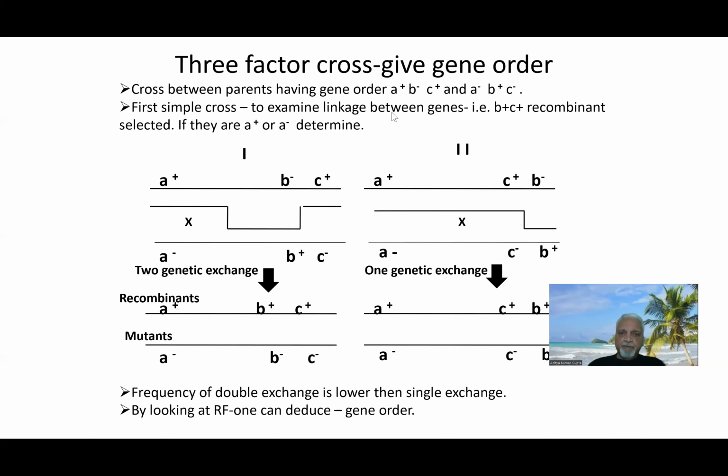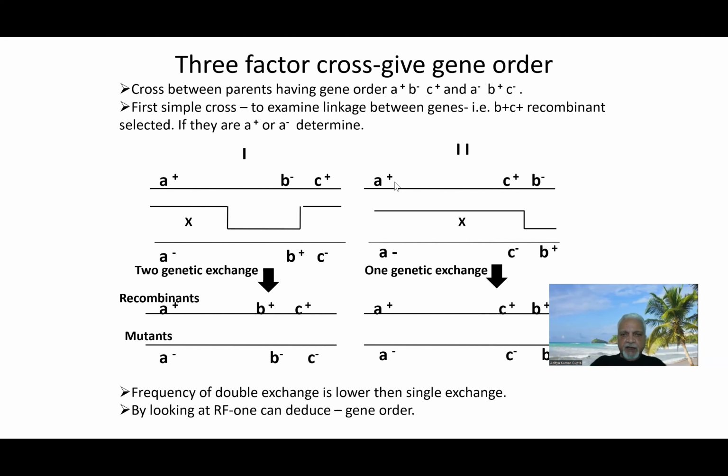Consider a cross between two parents, where you have the parental genotype A plus B minus C plus, and the second parent is A minus B plus C minus. These are the parental genotypes.